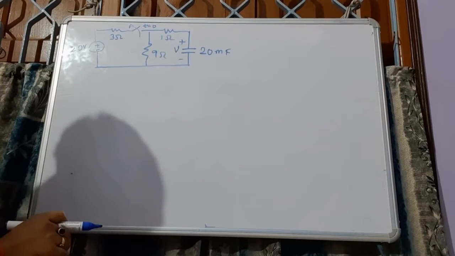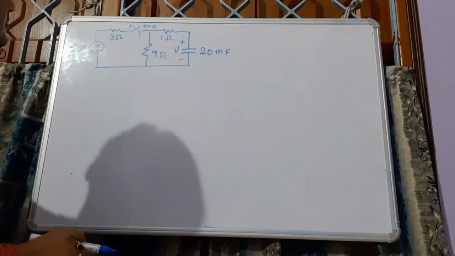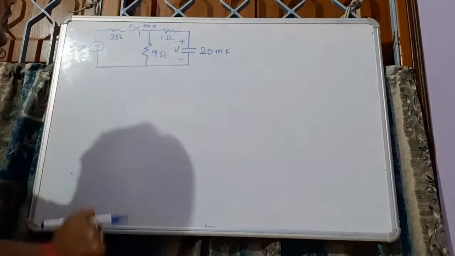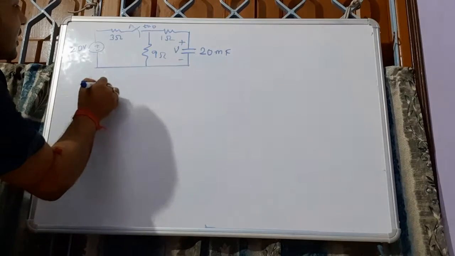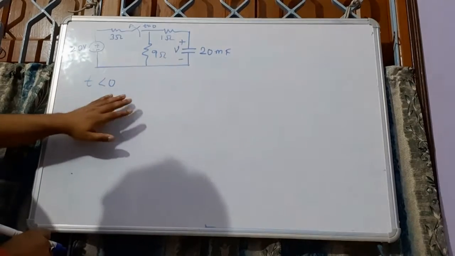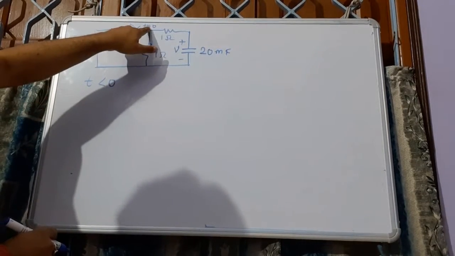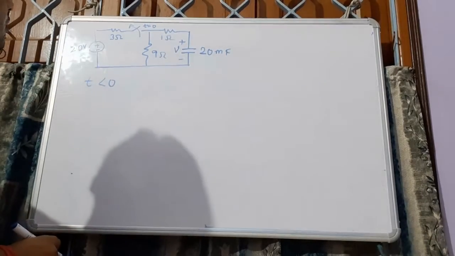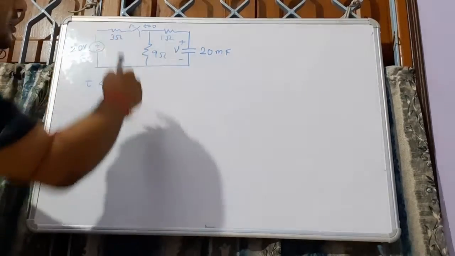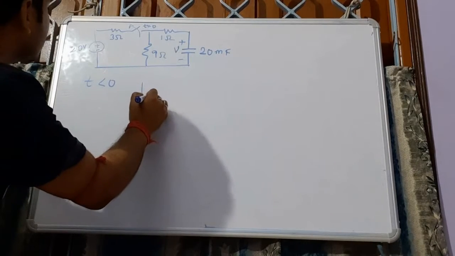Okay, now say for t less than 0, means before t equals 0, what will be the circuit? The switch is initially closed.